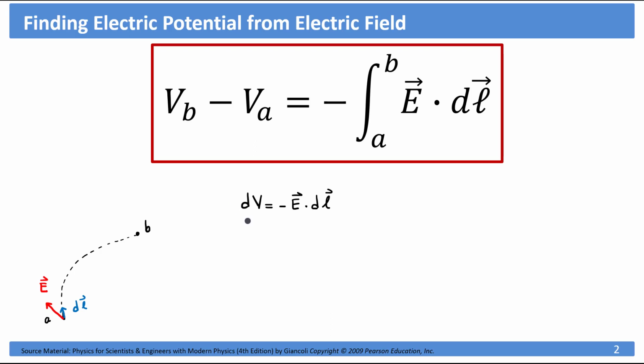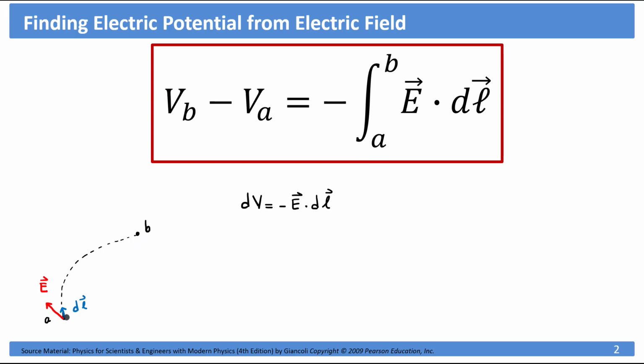One more thing that I want to mention here is related to the path that we chose. Remember, we derived this expression considering the change in the electric potential energy. And the change in electric potential energy only depends on the initial and the final configuration of the system in question, which means this integral does not depend on path.